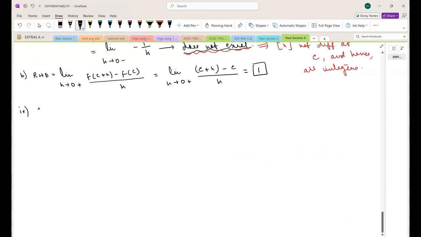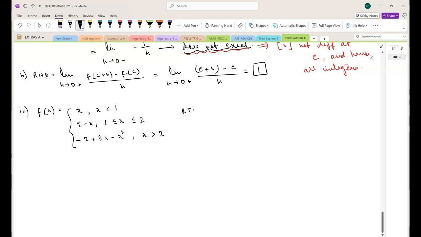Now this function is defined as x when x is less than 1, 2 minus x when 1 is less than or equal to x less than or equal to 2, and minus 2 plus 3x minus x square when x is greater than 2. It is an RTP.